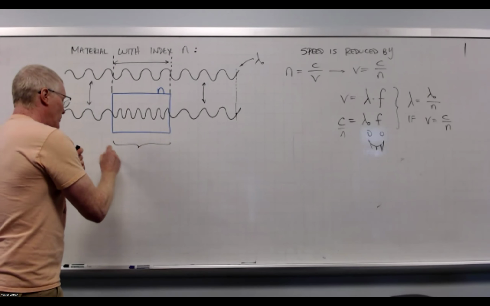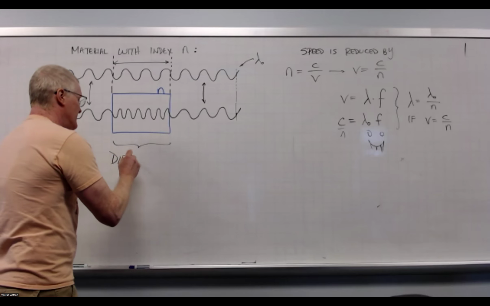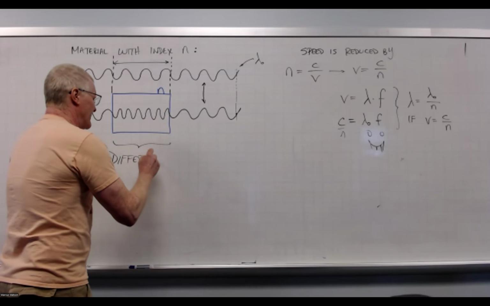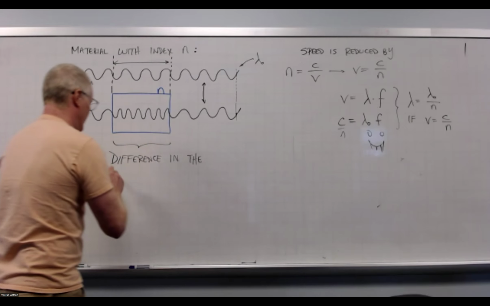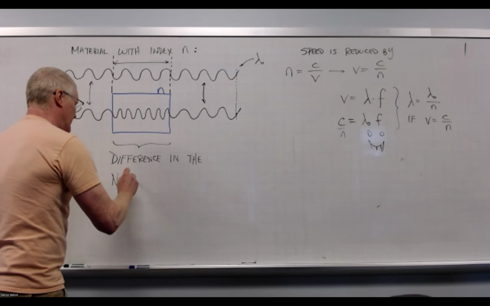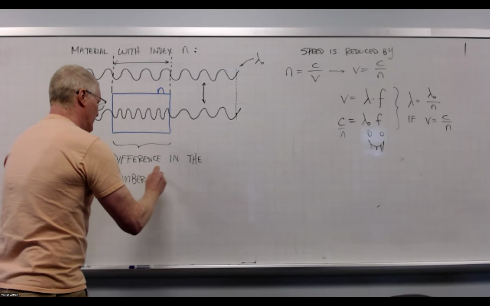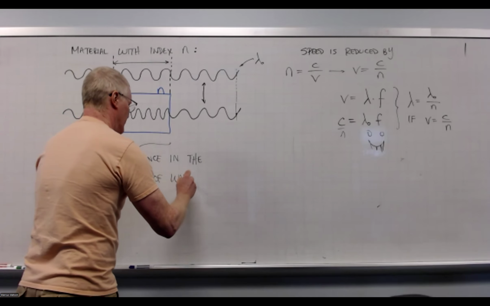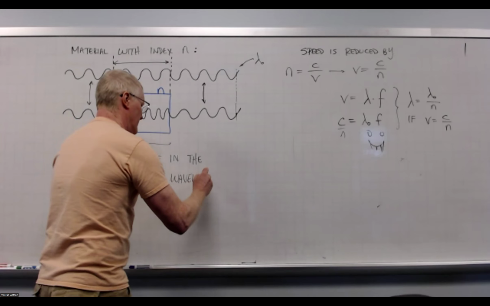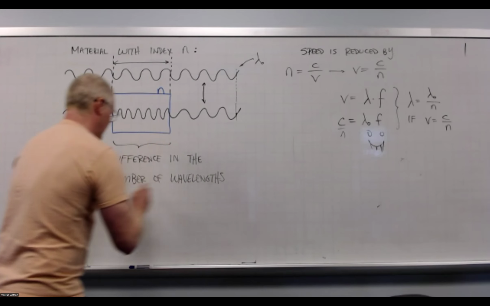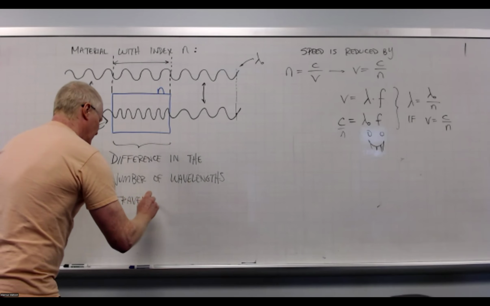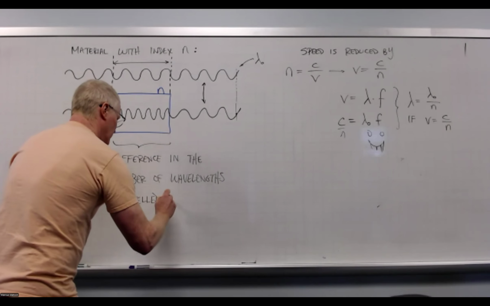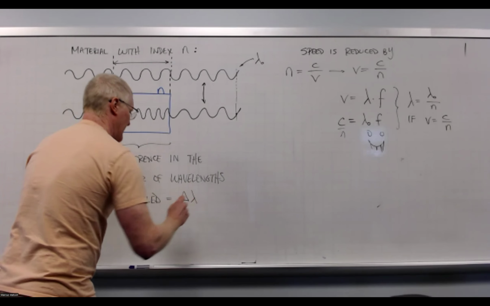Okay, so what I want to figure out here is the difference in the number of wavelengths traveled. Maybe I could call that a delta N.